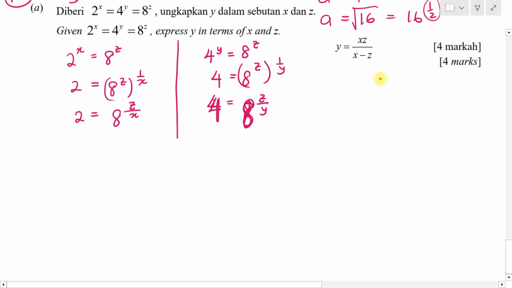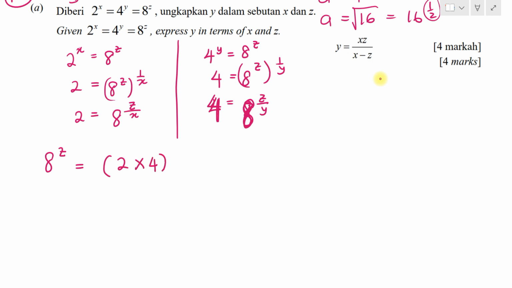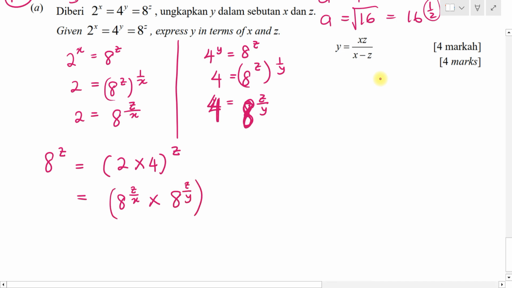So now we know that 8 power z is equal to 2 times 4 power z. You also can write like this. Okay. So now you can substitute the 2. 2 is what? 8 power z over x. Remember? And 4 is what? 8 power z over y. And then you can multiply by the z again, which you get 8 power z.